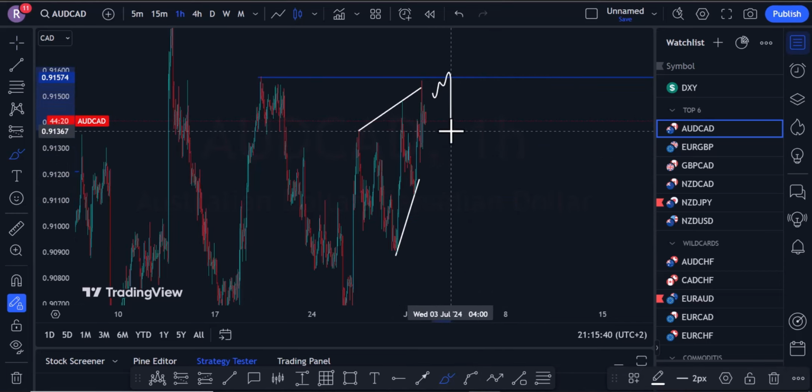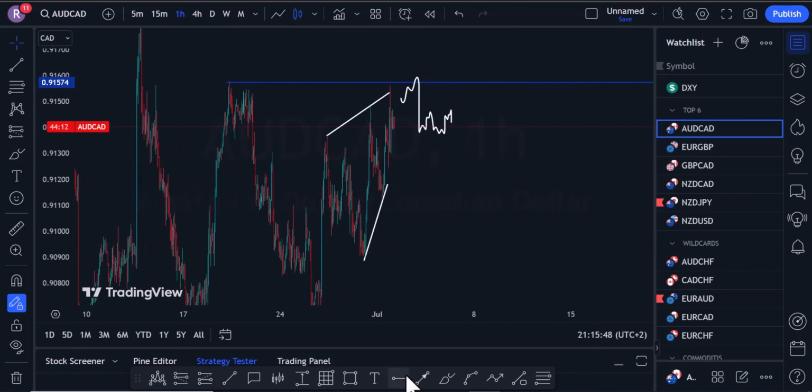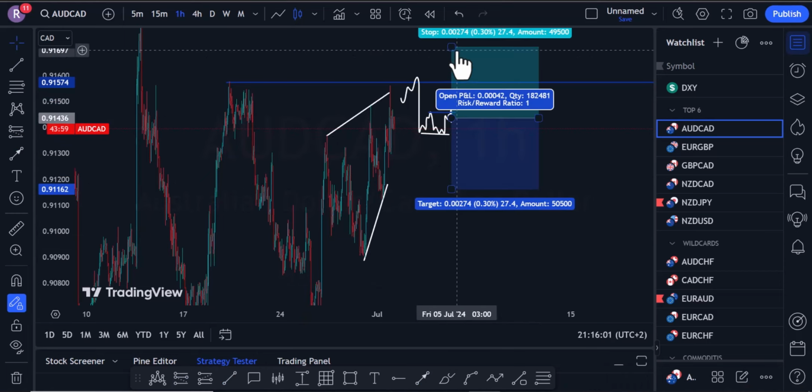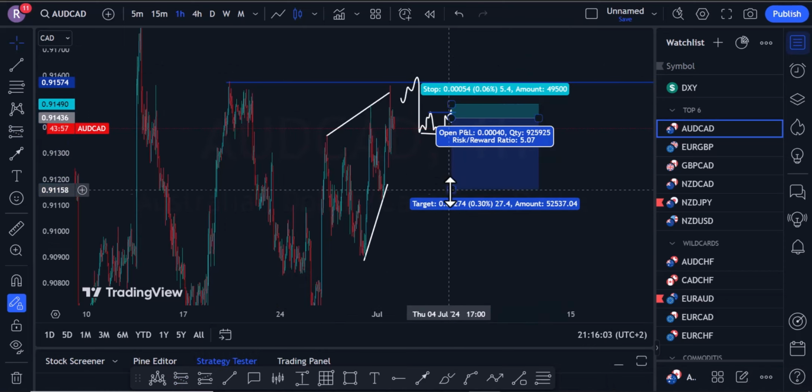Usually I focus on something like this, and then I have my base, and then my top there, and then the entry to be taken there.